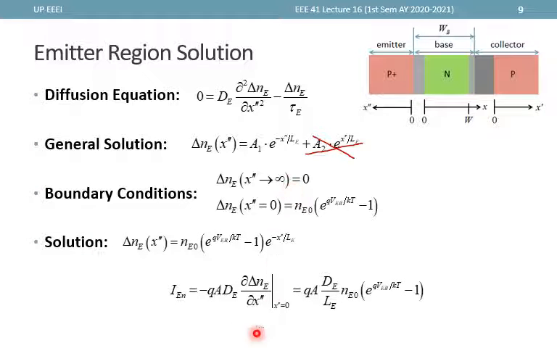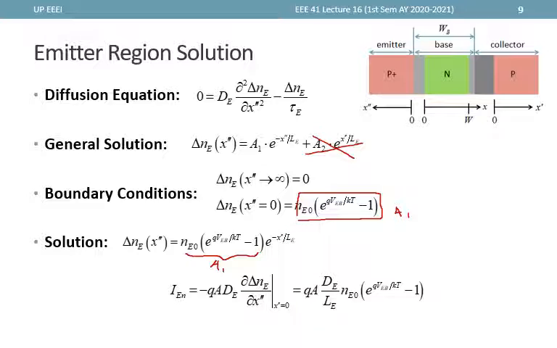And therefore, this one here is A1, multiplied by e to the minus x double prime over LE.